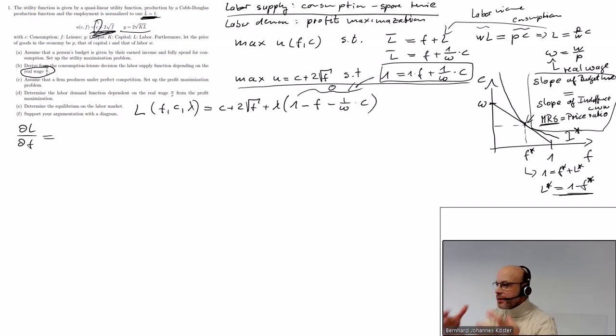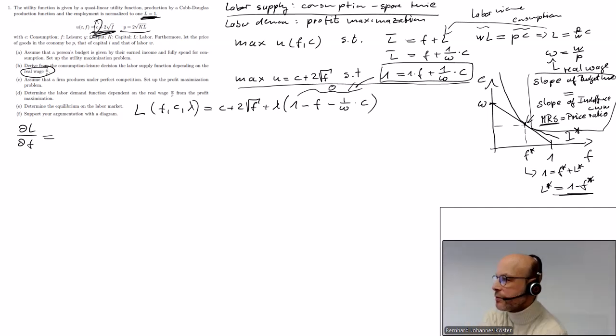But in general, we assume the more the better, and this means we are always using our full budget. I think you have talked about the reasons for this in microeconomics, general utility theory. But here we just have to technically take the derivative with respect to spare time, f.